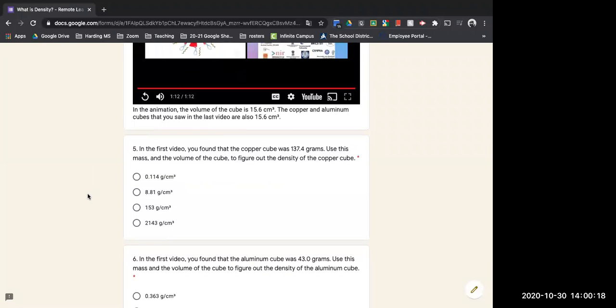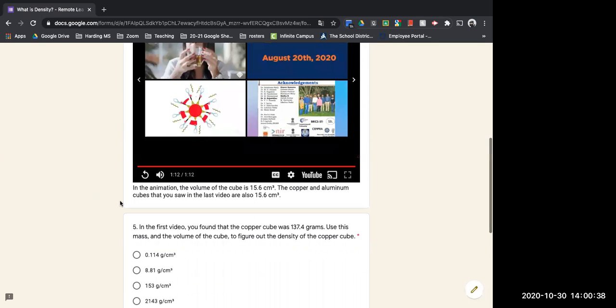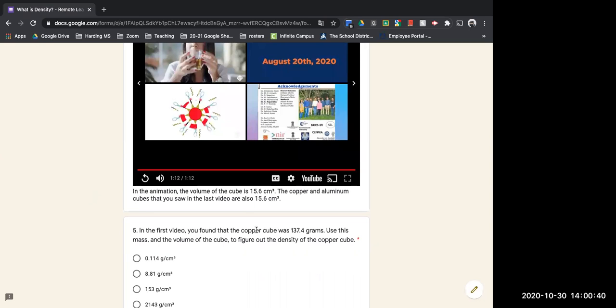In the first video, you found that the copper was 137.4 grams. Use this mass and the volume of the cube to figure out the density of the copper cube. So the volume of the cube was 15.6, okay?